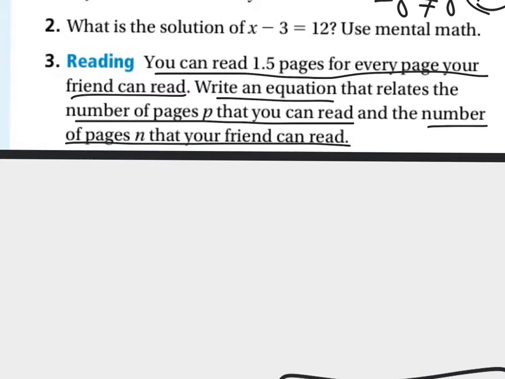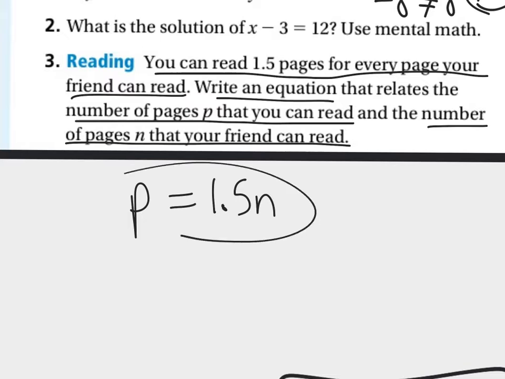So what we could do is say the pages you can read equals 1.5 times the number of pages your friend can read. And that would be our equation. They're not telling an amount of pages we're reading or the friend's reading, so there's nothing for us to solve. All it said was write an equation for that one.